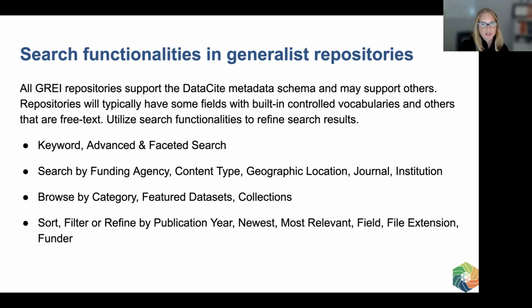Also, a lot of our repositories like to feature different communities or groups of data. For example, Harvard Dataverse has a whole COVID-19 data collection that has been highly reused.